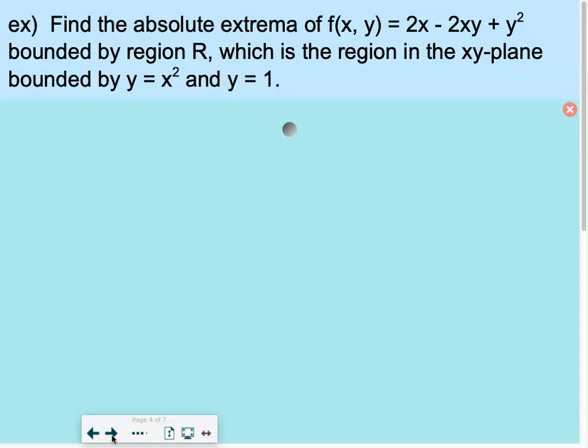Once you have the problem written, the first thing, if you are just waiting, go ahead and find your first partials.